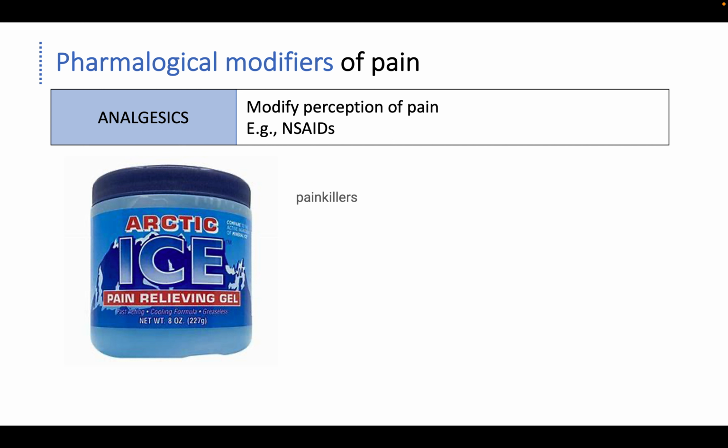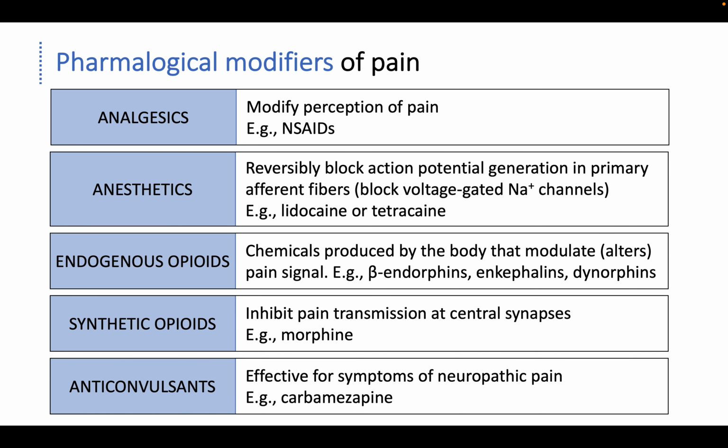But if you're taking them very chronically, very consistently, all the time for a long period of time, then yes, you can start to run the risk of having some serious long-term side effects as a result of taking those medications. So there's all these other medications as well. There's anesthetics that we'll talk about in a second. There are opioids, both endogenous and synthetic opioids, and we'll talk about those.